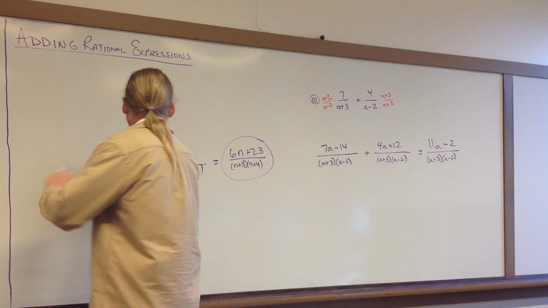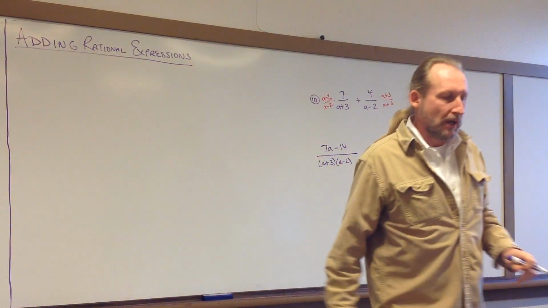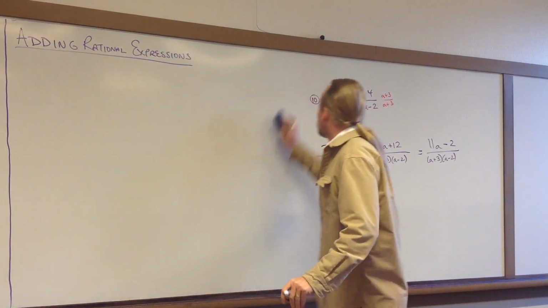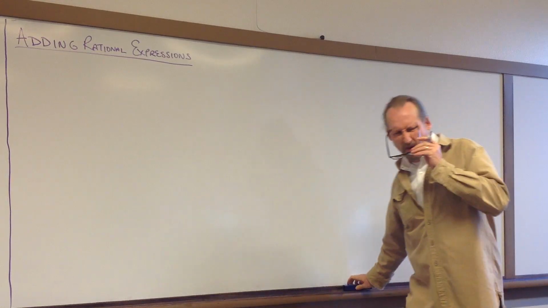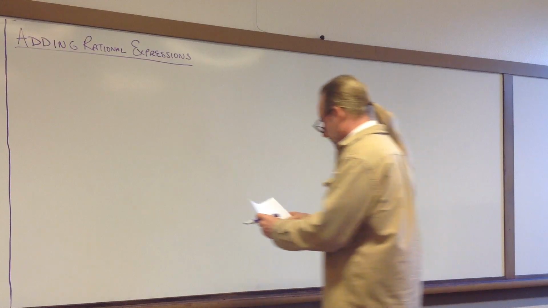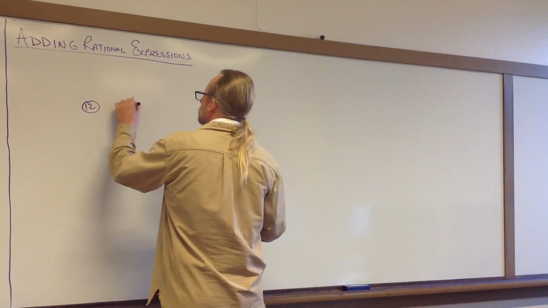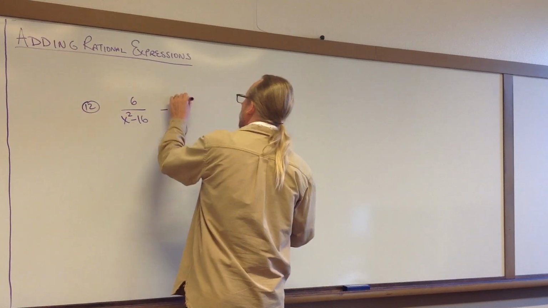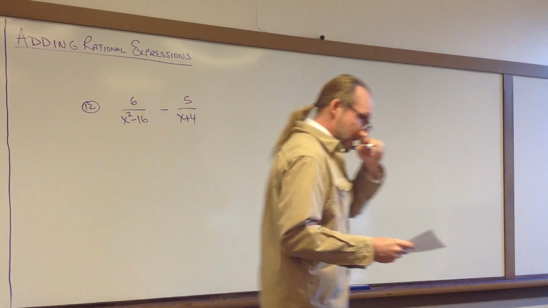Okay, the last two problems on here are a little bit different, and I'll do a numerical example to kind of show a similar problem. So let's take a look at problem 12. This is 6 over x squared minus 16 minus 5 over x plus 4.